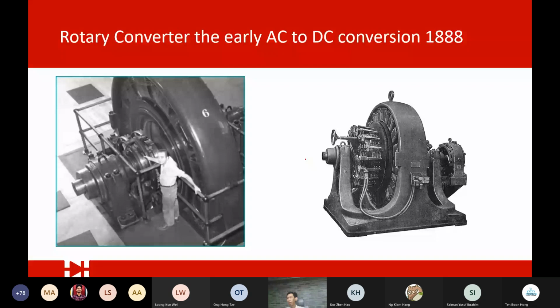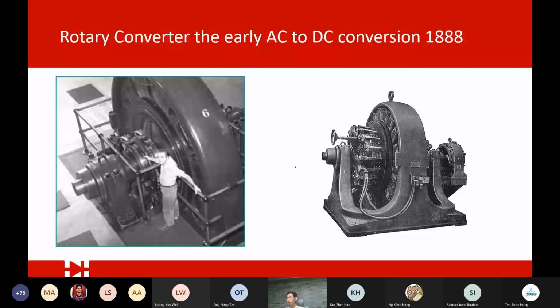When Edison started to sell his light bulb, it was all powered by DC, and his first proposed electricity distribution was also DC.